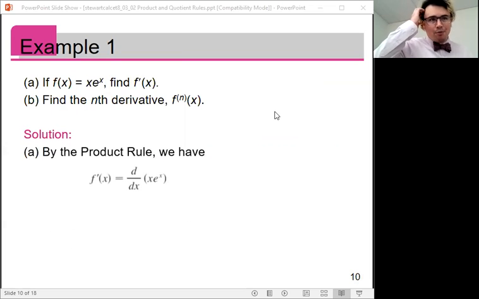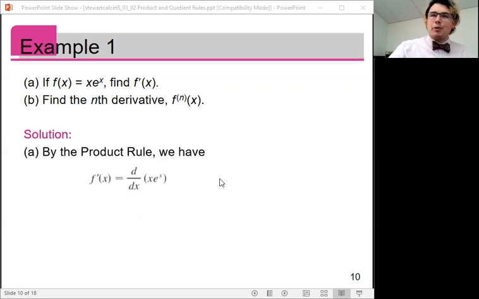For the first part of this problem, the first derivative of this function, f prime of x, this is the differential operator d on dx applied to the function x times e to the x, and I'm going to use the product rule. I see I have two different functions multiplied together.